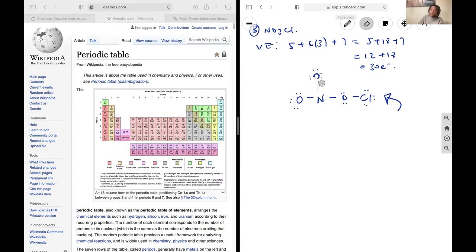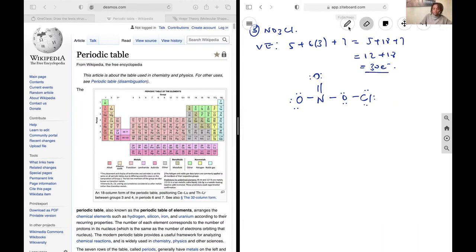And instead, let's put in a double bond with one of these oxygens. You can just pick any one of them. Make sure your electrons still add up the way that they're supposed to. So I will have 4 times 2 plus 6 times 2. Well, yes, they do still add up. I do still have my 30 valence electrons.